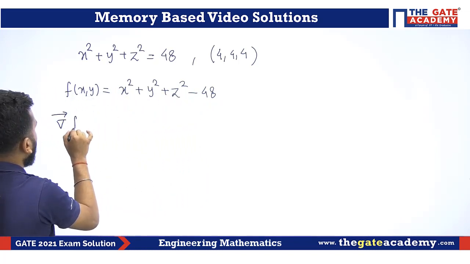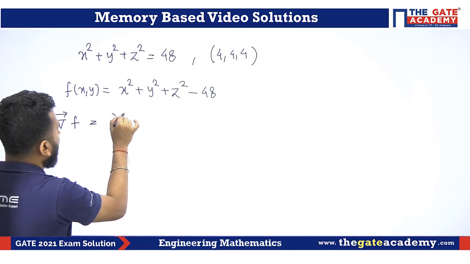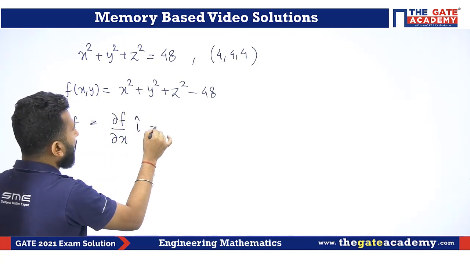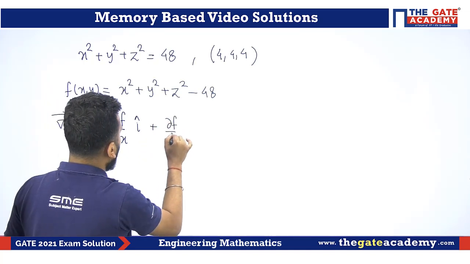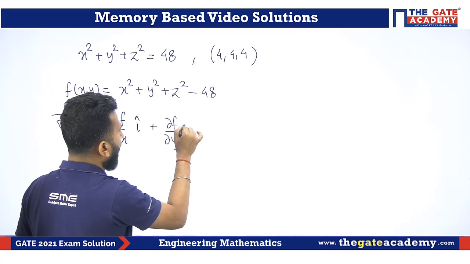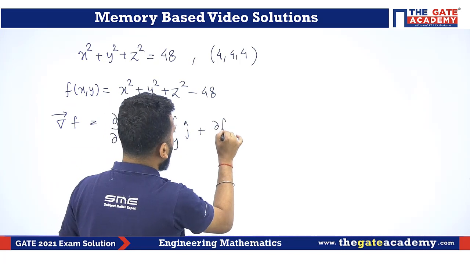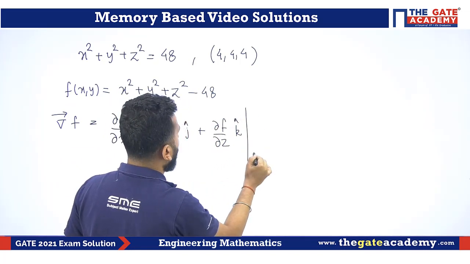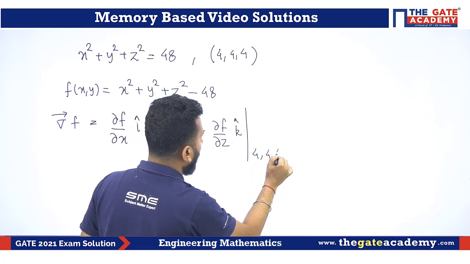What is the formula? The formula is del f by del x into i cap plus del f by del y into j cap plus del f by del z into k cap, and finally you need to substitute the point 4, 4, 4.